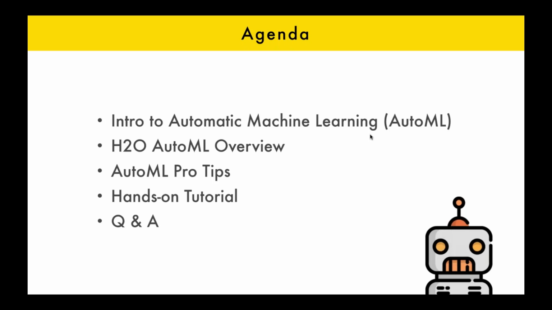And then we'll give you some pro tips on how to use AutoML. By the name, you might understand it's pretty automatic, but there's also things that you can do to tweak the AutoML run as well. So we'll tell you how to tweak it best for your data set, and then we'll move to a hands-on tutorial. The code will be available in R, Python, and I will show how to use our Flow GUI.